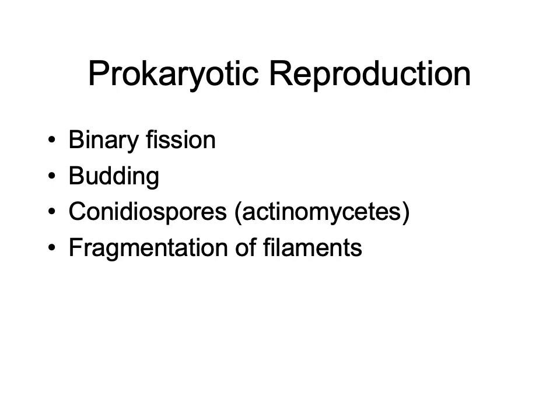They can bud sometimes. They're so weird. There can be conidiospores, which are a type of fungus. There can be fragments of filaments that just break apart and then basically keep going as two. There's other random ways, but binary fission is the process that we talk about the most.